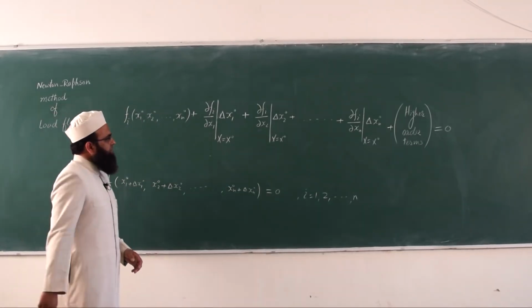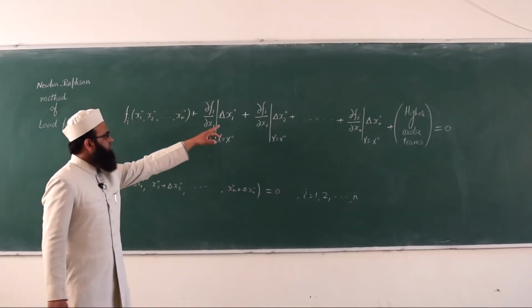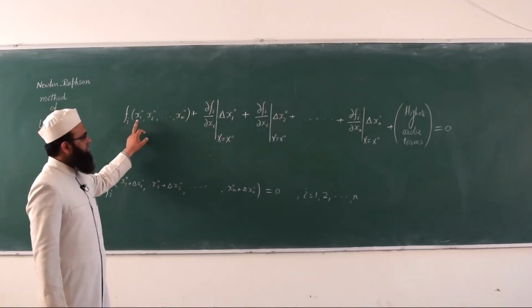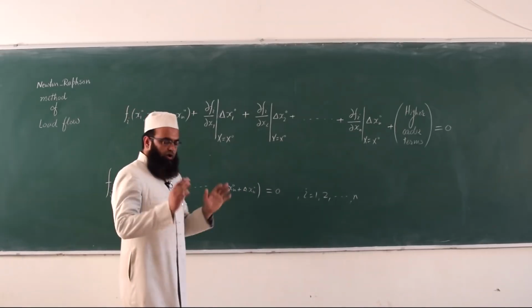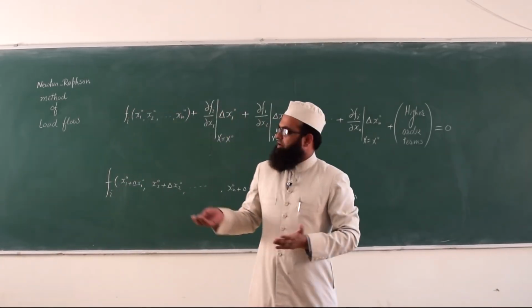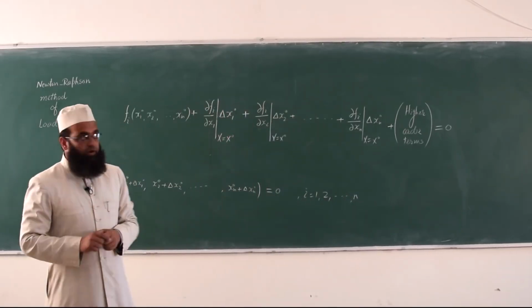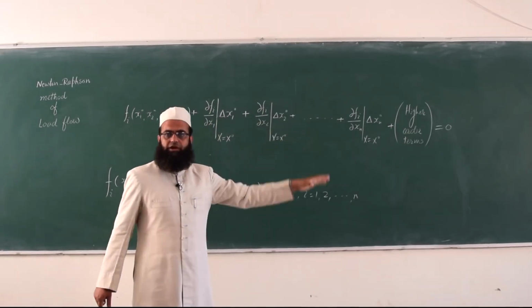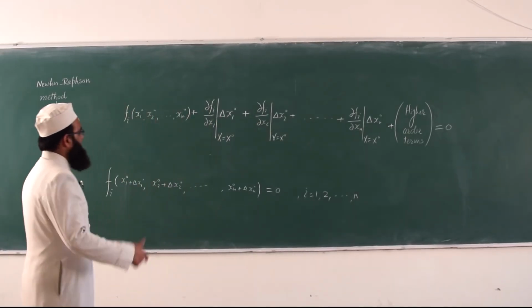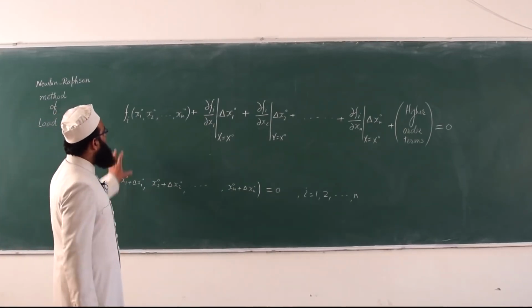The corrections del x1 0 and del x2 0 are the corrections in x1 0 and x2 0. When the corresponding corrections are added to the initial guess, we will get the solution, but we do not know the values of these corrections. That will be calculated, we will see later. So, using Taylor series expansion, we can write this.